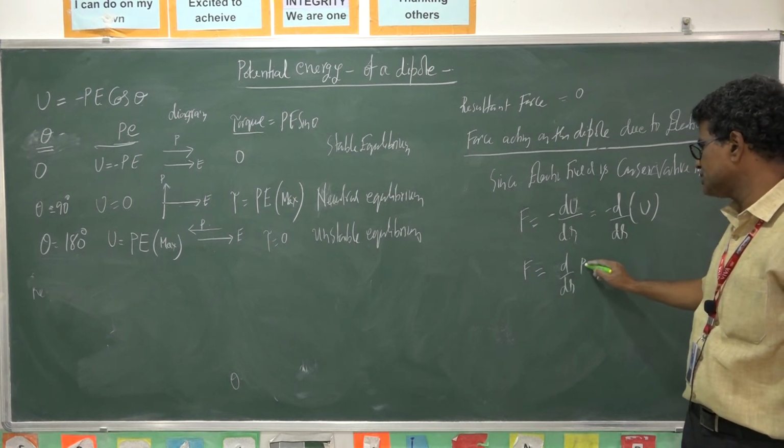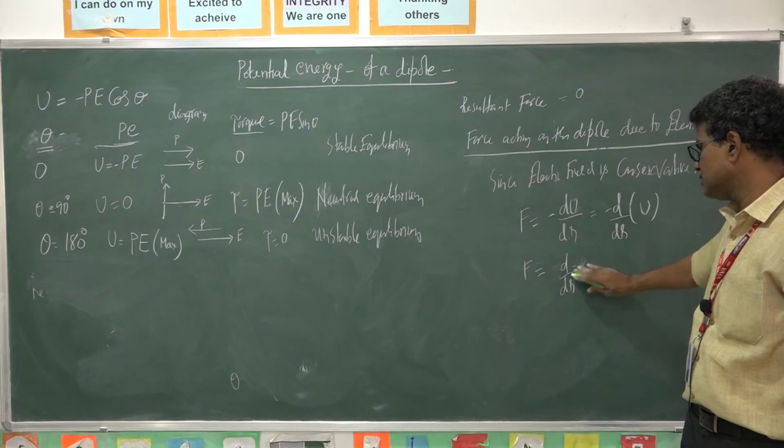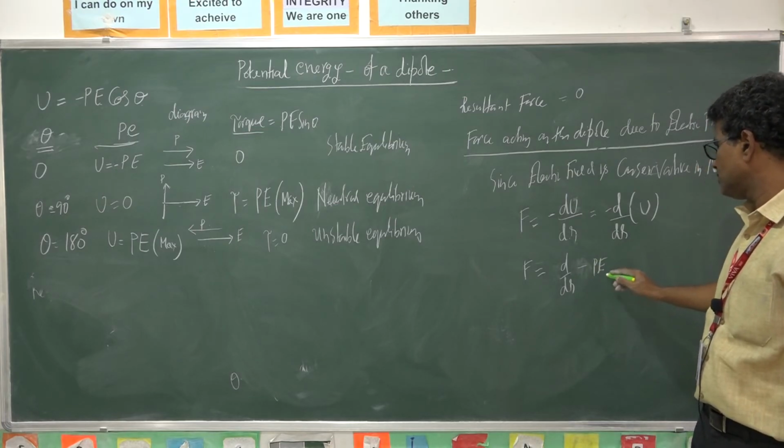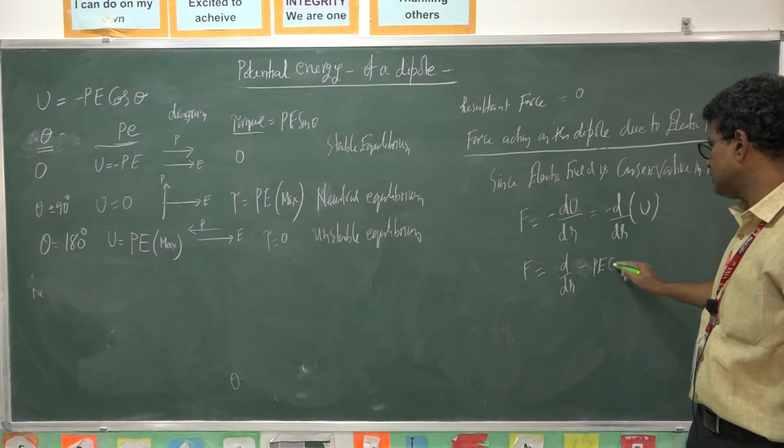The potential energy is minus PE cos theta.